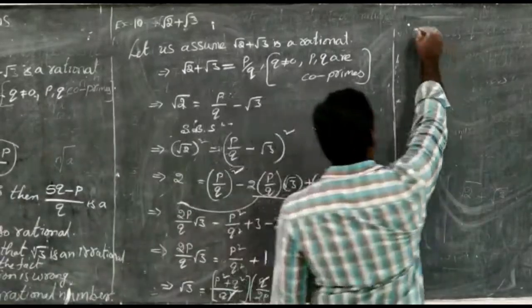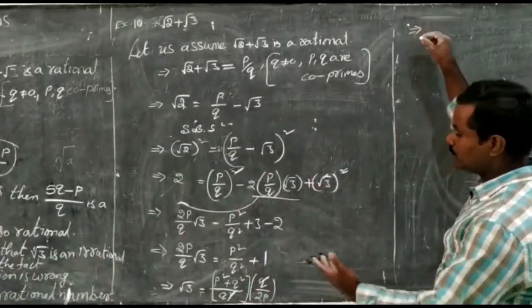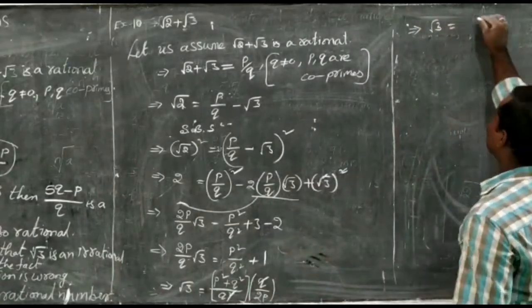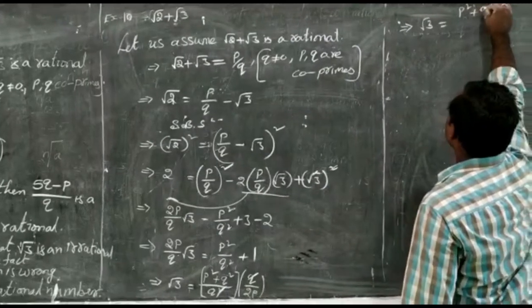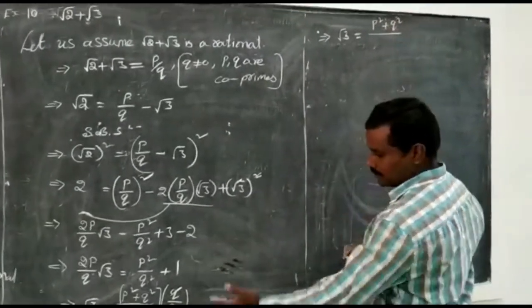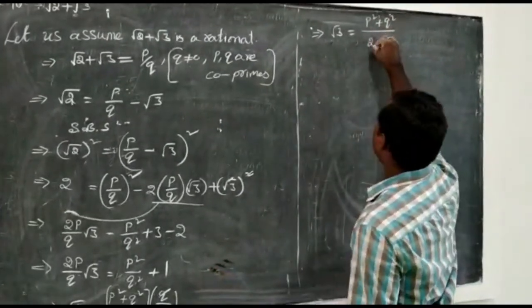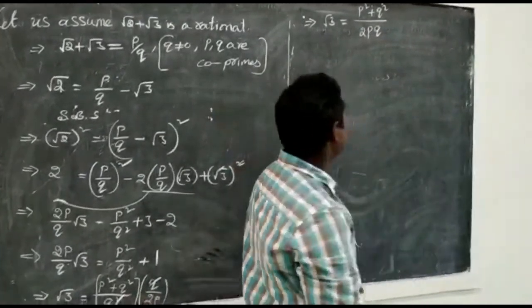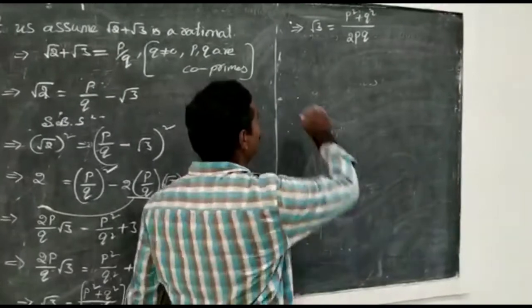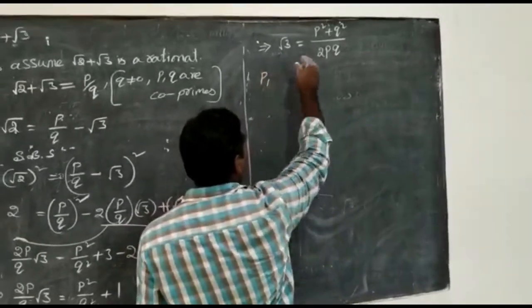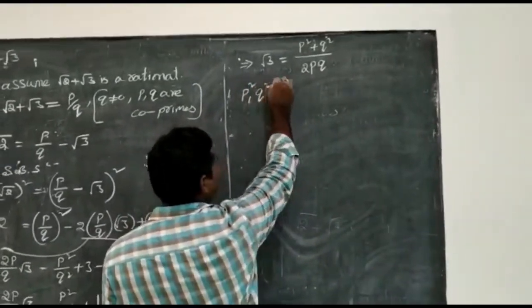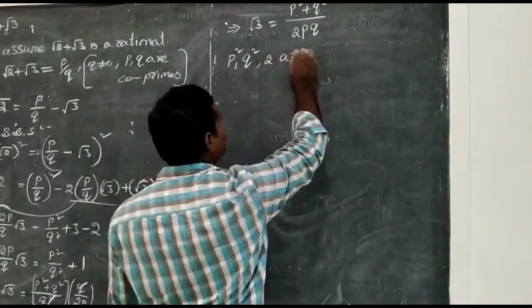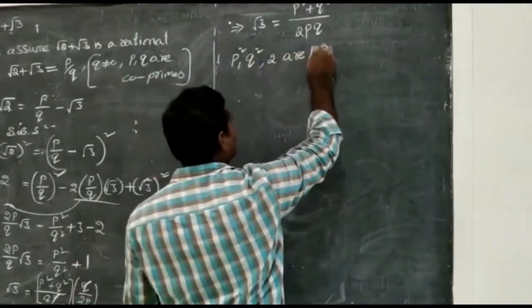Now root 3 is equal to p square plus q square by 2pq. Now this is the value of root 3. We know that p, q, or p square, q square, 2 are integers.